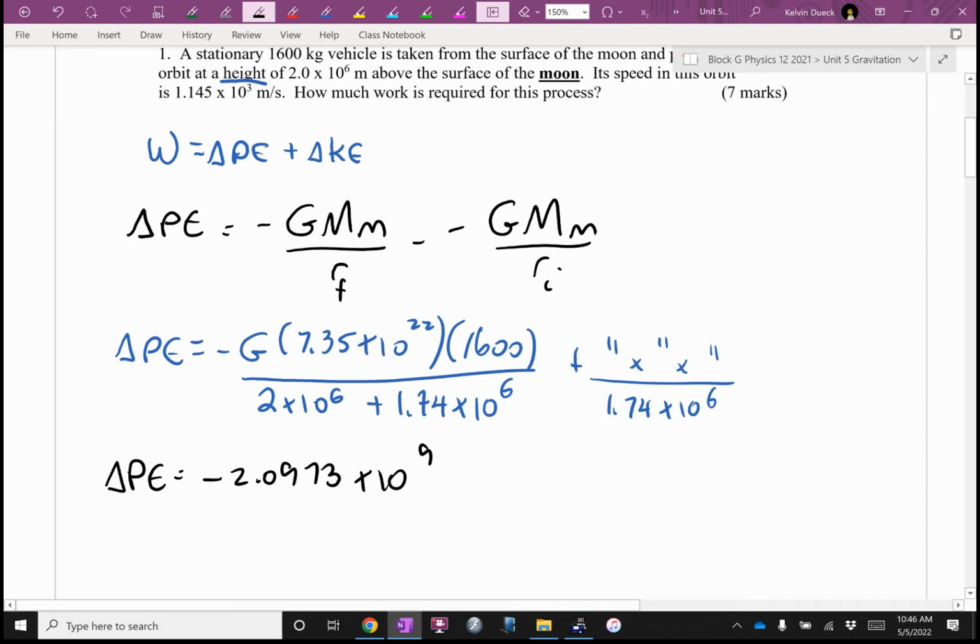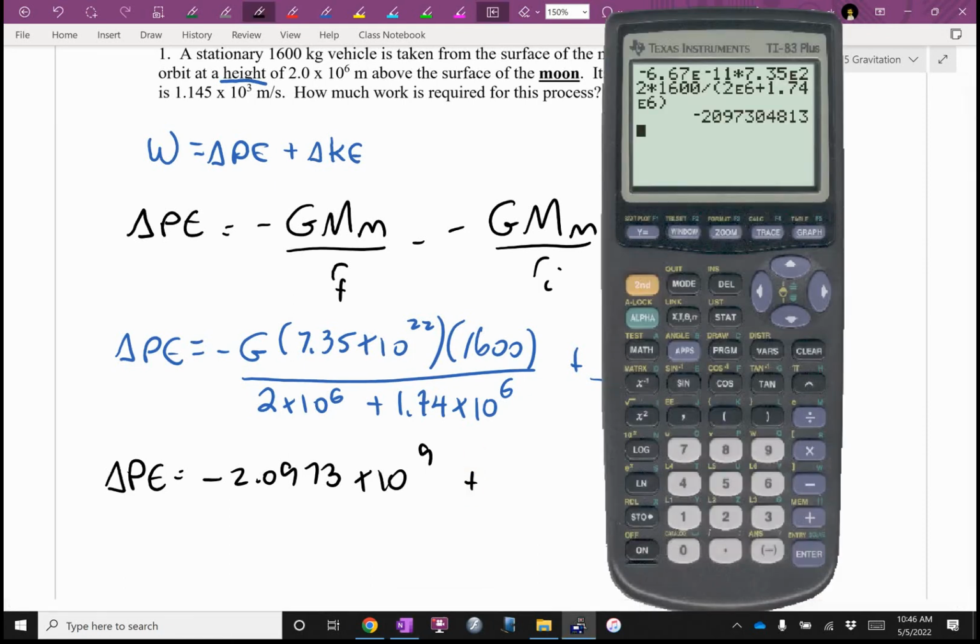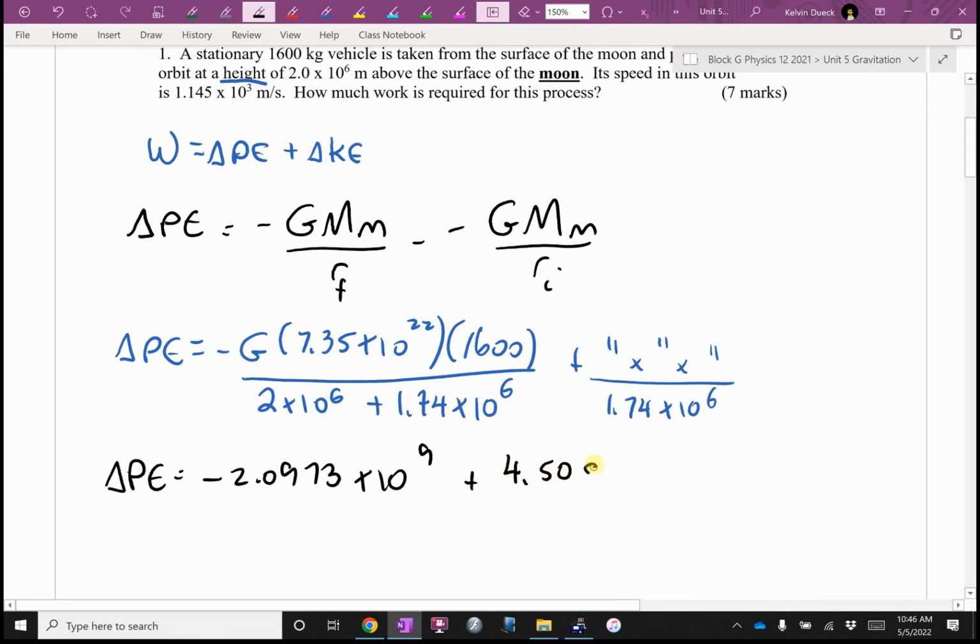Okay. Then I have a plus sign. Oh, now I can just backspace and edit. In fact, I think all I need to do is delete the negative and the 2 times 10 to the 6th. 4.508 times 10 to the 9th.